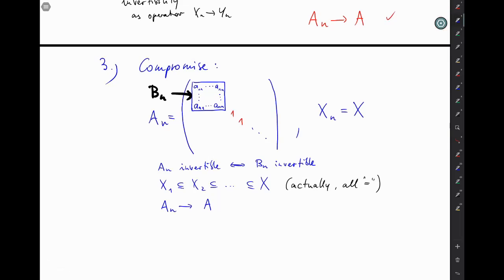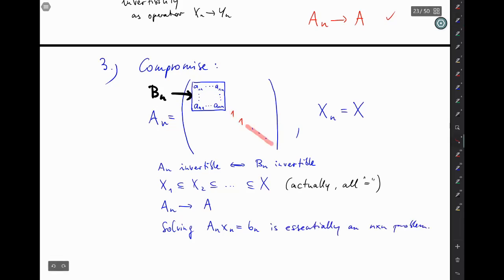And solving your little equations, An xn equals bn, is essentially solving the n by n system in the top corner. There is not much to solve when the rest of your matrix looks like that. And also for stability, you can freely switch between the sequence An like this and the sequence Bn like that, because the inverse of An is just the inverse of your n by n matrix Bn extended by the identity.